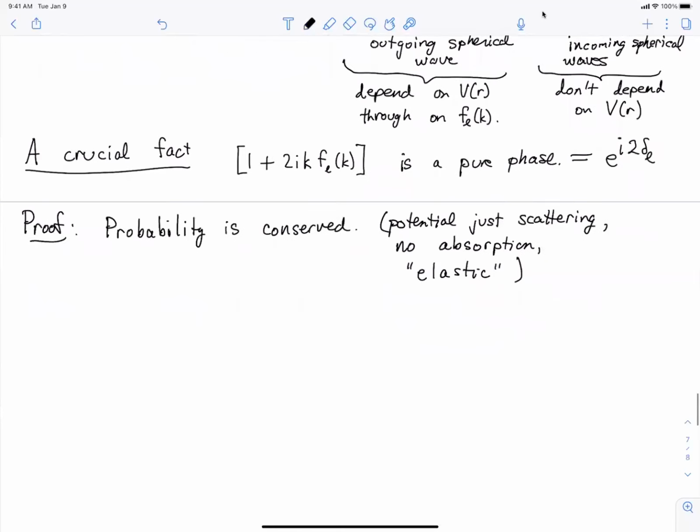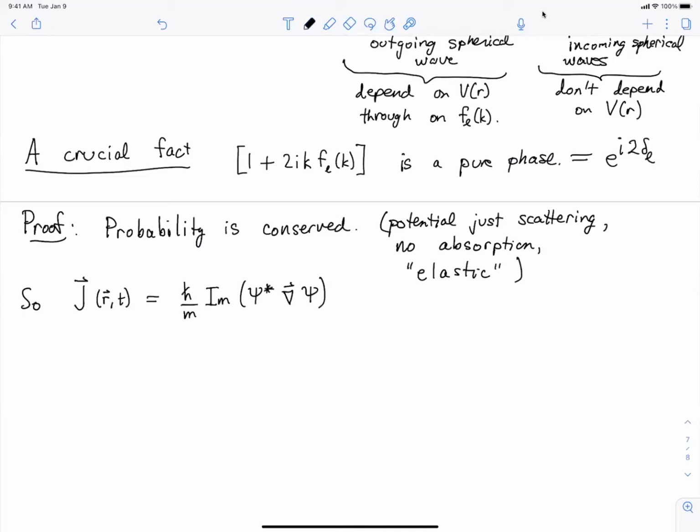Okay, so given that, we can remember what we did a while back with the probability current. So you may remember this was defined to be h bar over m, imaginary part of the complex conjugate of the wave function times the gradient.